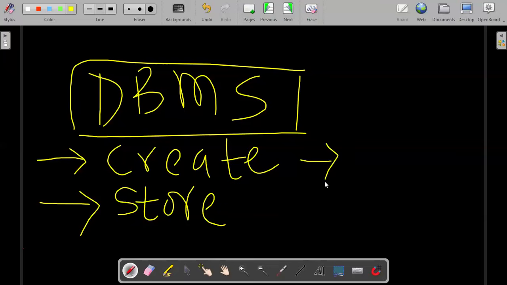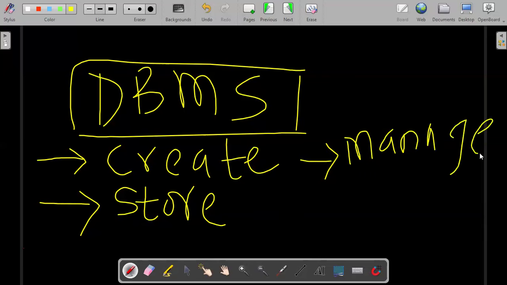Let's just make it simple. You can add other things, but at least you should have the keywords: create, store, retrieve, maintain, organize and manage data. You can also use it to distribute data and to control access.